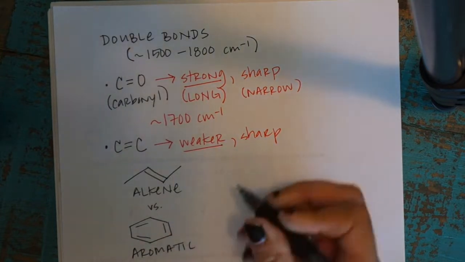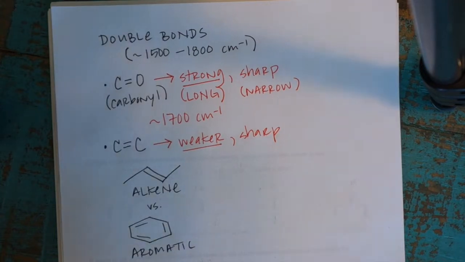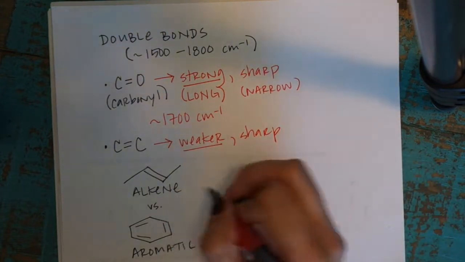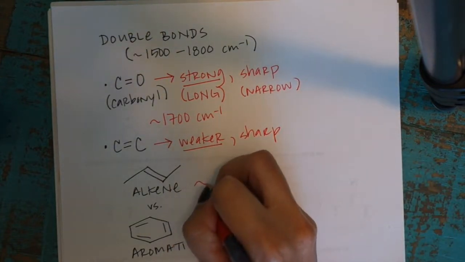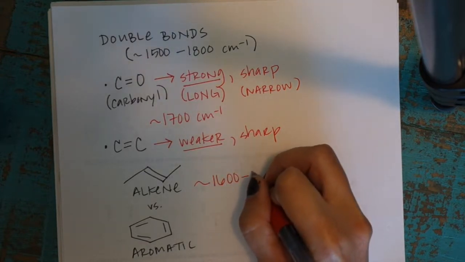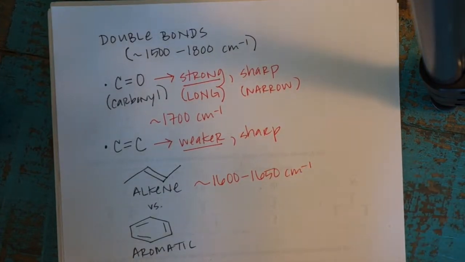And again, the aromatic ring, not to confuse it with a cyclic alkene, it has to have all three double bonds in here, right? So it's a very distinctive pattern. If you only have 2 or 1 double bonds in the ring, that's not an aromatic ring. And that's important because that'll show up differently in the IR. Okay, so then here, again, these are going to be weaker and sharp. The alkenes are going to show up roughly around 1600 to maybe 1650, again, depending on what else is going on in the molecule.